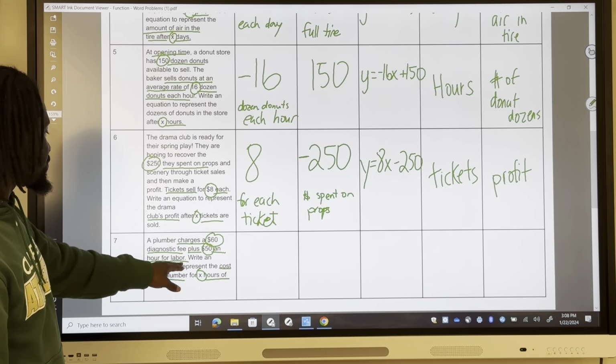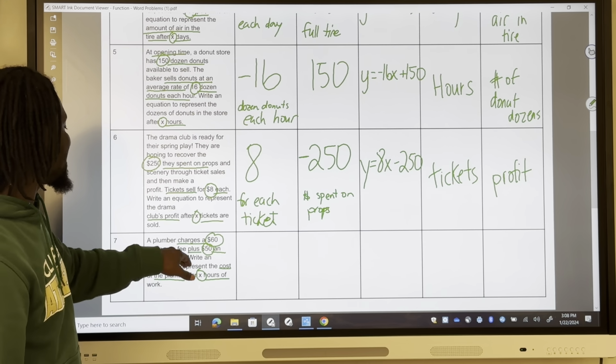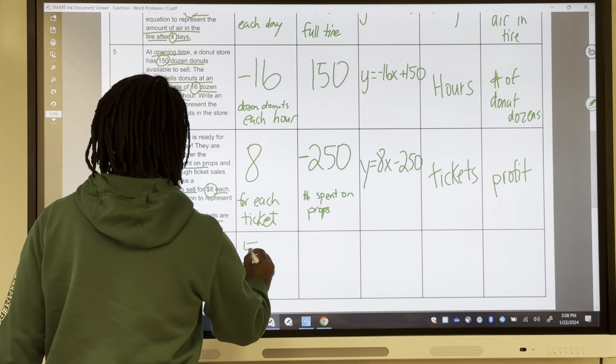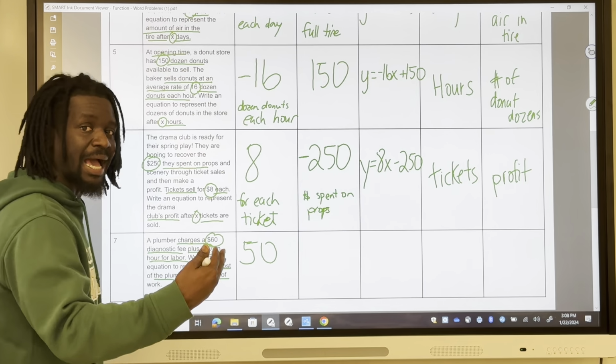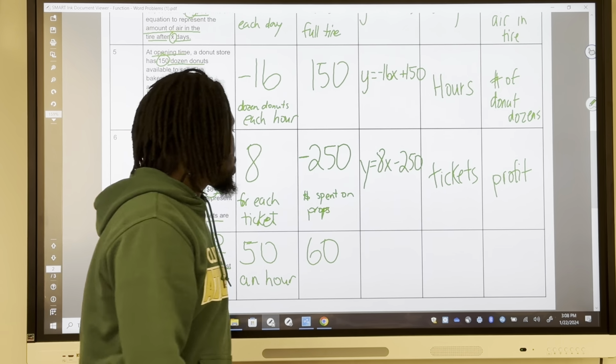Well, in this problem, it says plus $50 an hour. Okay, so the change is connected to how much he's working, how long he's working. So it's $50 he charges an hour for labor. And then the starting charge in this problem is the 60, okay? So he charges $60 to begin with, and then 50 more for every hour that he works.